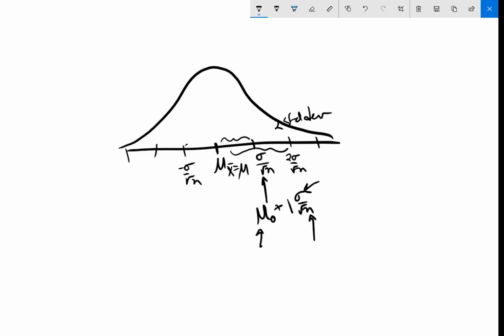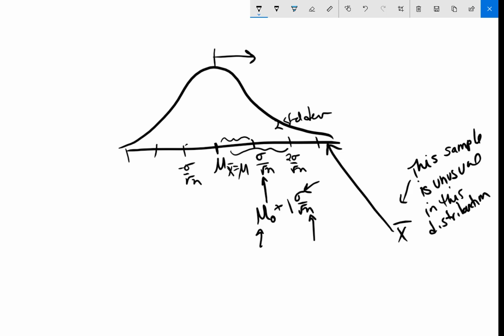So let's say that I was thinking that my mean had shifted from here, has shifted to the right. And I take a sample of size n, and my sample mean is here, in a place it really shouldn't be, right? That's in a tail end. That's more than 3 standard deviations away. This sample would be considered unusual. So this sample is very unusual in this distribution.